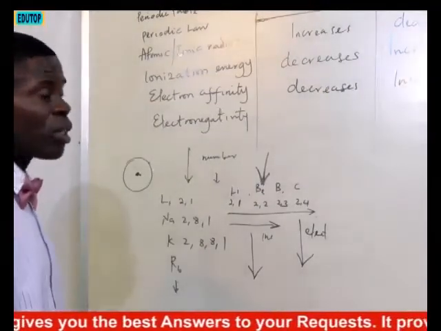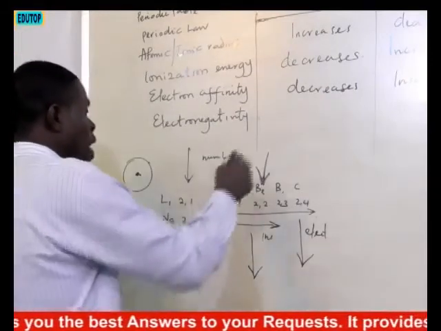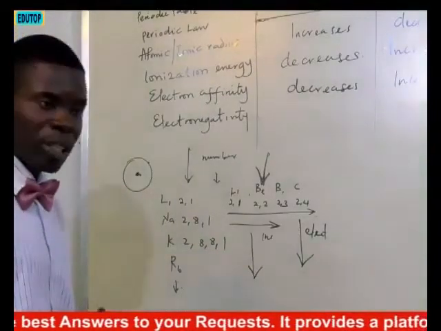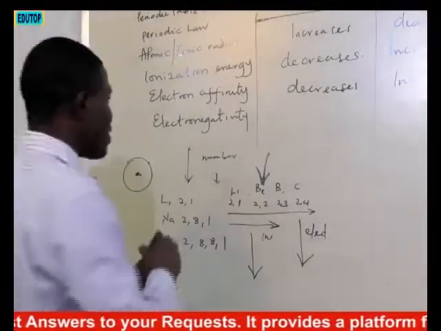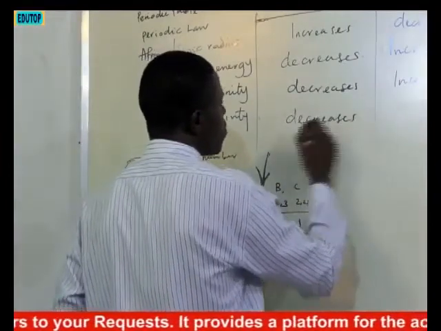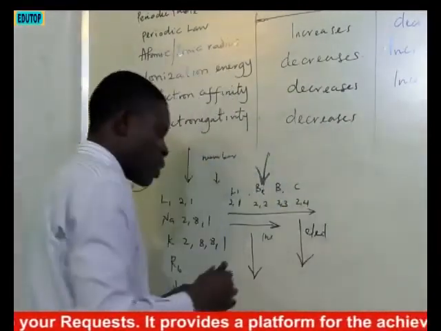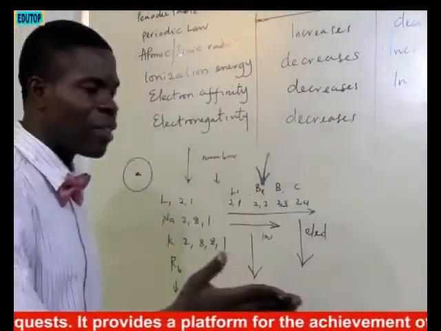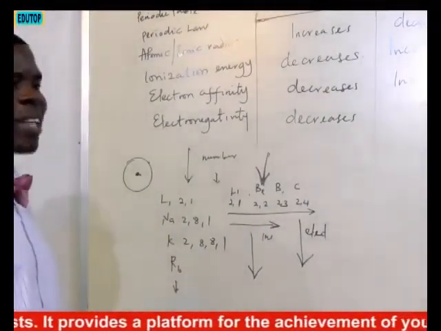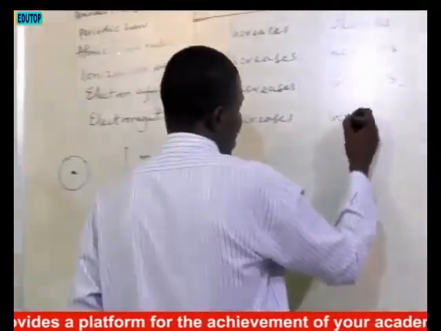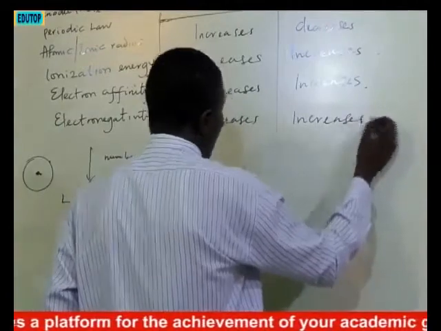The tendency to accept electron decreases because electropositivity increases. So electronegativity decreases down the group. And as you move across the period, the electronegativity increases simply because the tendency to accept electron also increases.